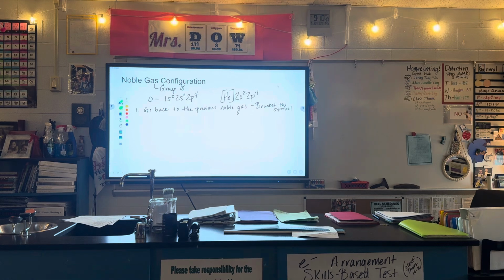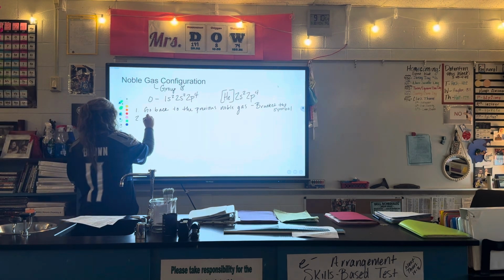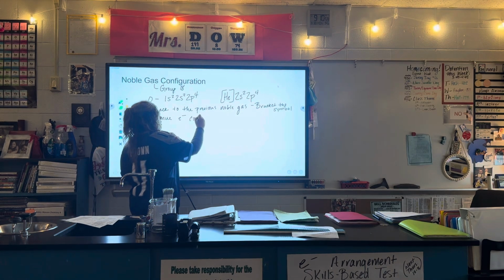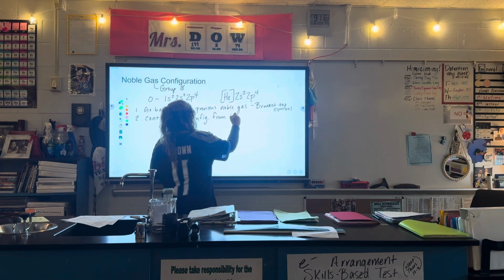So you just do the actual line that that element's on. So we started from here, helium, and then we did 2s squared and 2p to the 4th. So number 2 is to continue electron configuration from there.